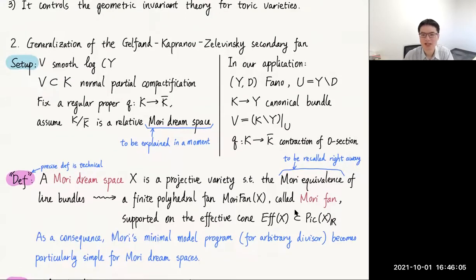Now let me just recall what Mori equivalence is. It's some equivalence relation between line bundles.